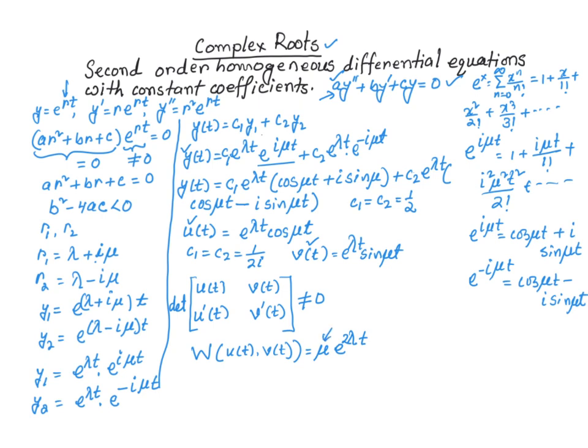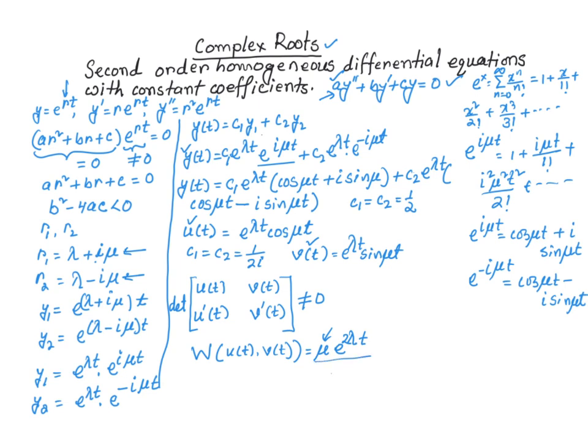And mu cannot be 0 because we are dealing with complex roots. Remember, our solution says the roots are lambda plus i mu and lambda minus i mu. If mu is 0, then we are dealing with real solutions, and the complex case doesn't even arise. So mu cannot be 0, which means this whole expression is not 0.